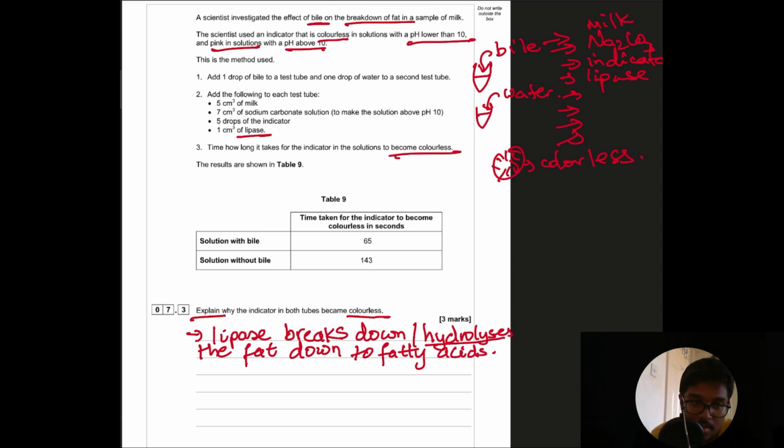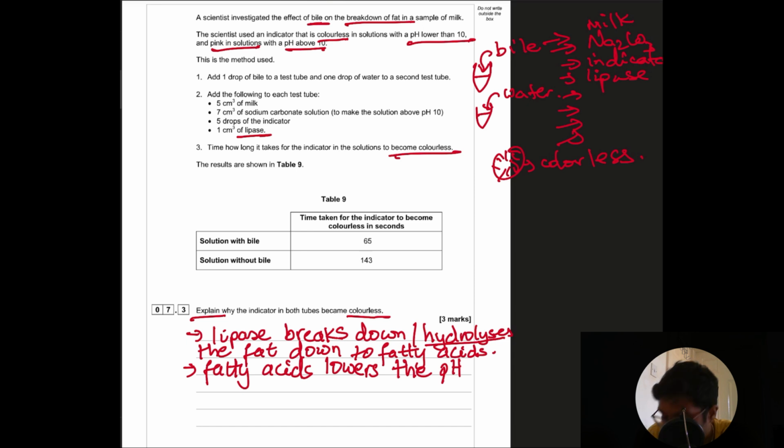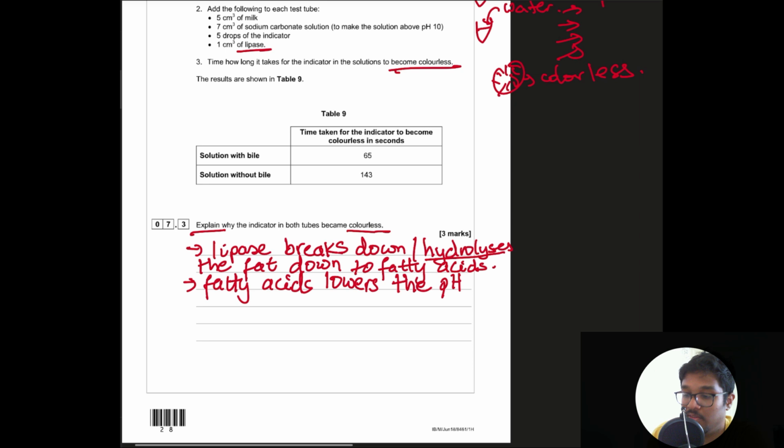And then the fatty acids lower the pH. If you don't know, the lower the pH, the more acidic the solution. That is GCSE chemistry that they cover in year 7 or year 8 of the syllabus.